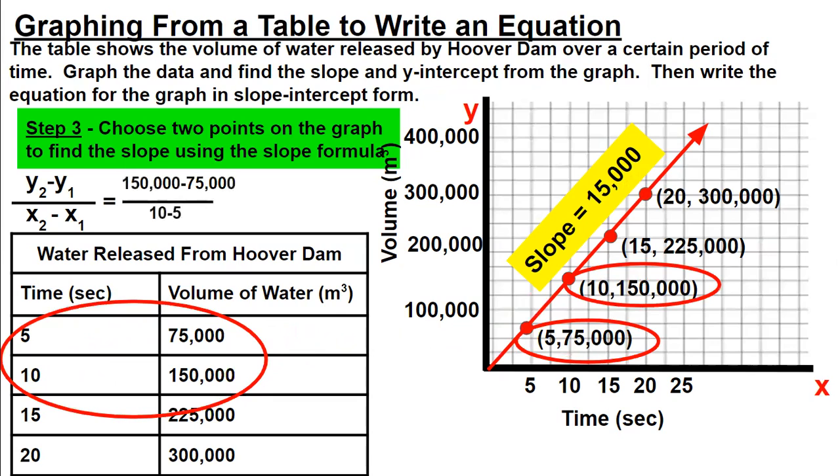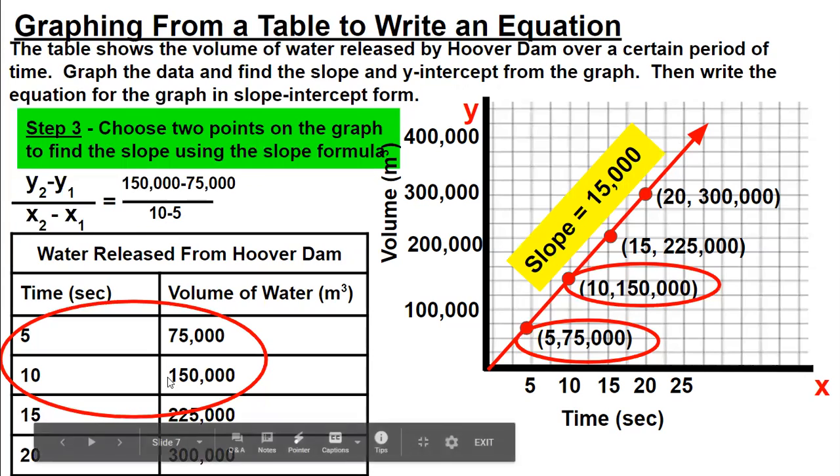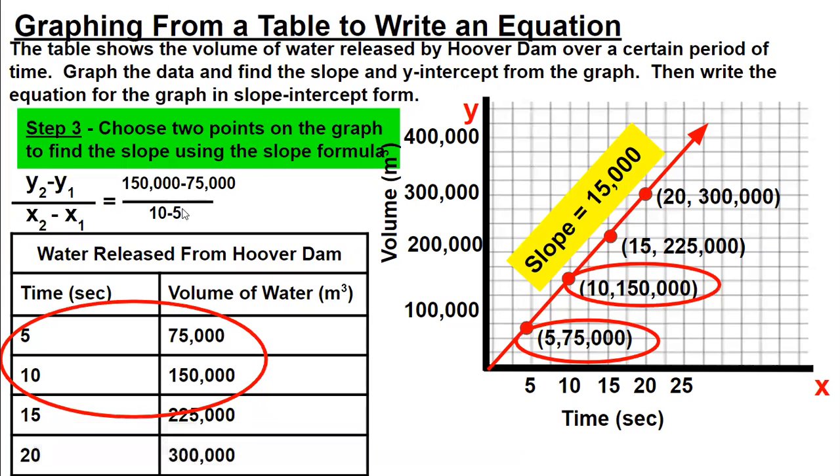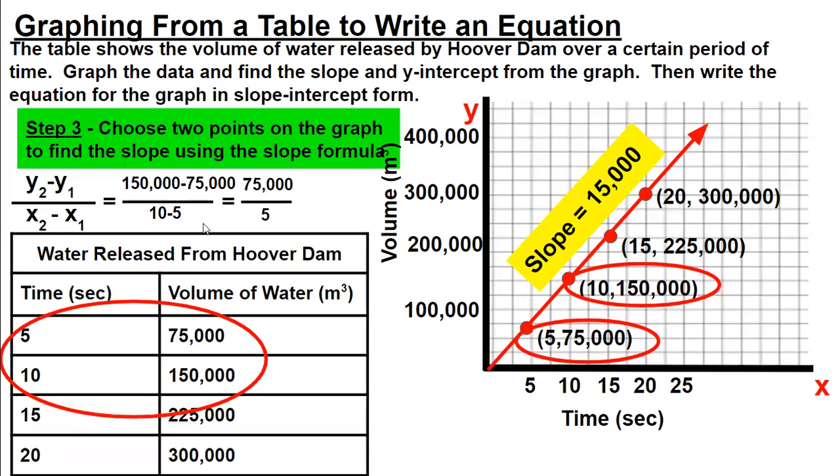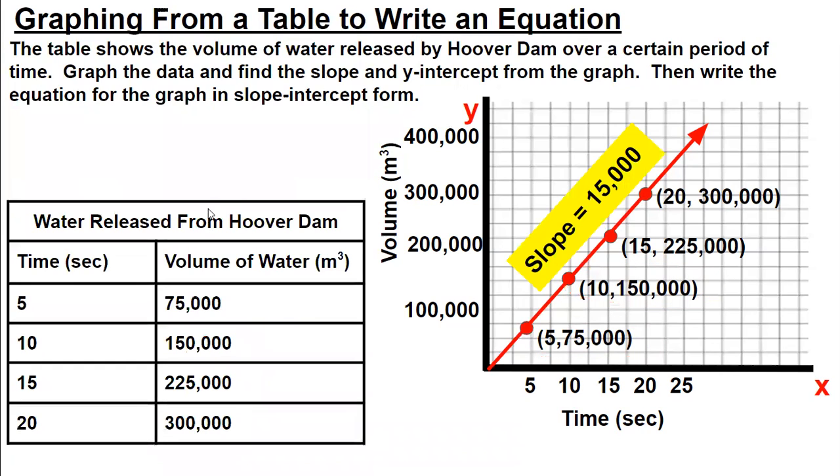So I'm going to go 150,000 minus 75,000. The 10 goes with the 150,000, as you notice here. And the 75 goes with the 5, as you notice here. Then you do the math, and you get 75,000 over 5. So divide that out, and that will give you your 15,000. So the slope is equal to 15,000 in this one.